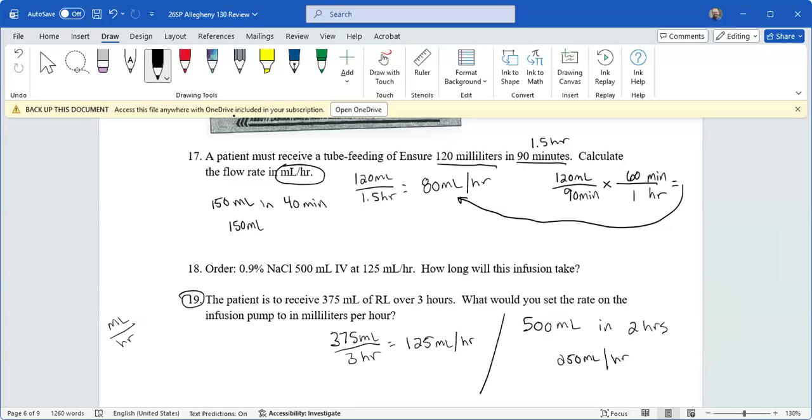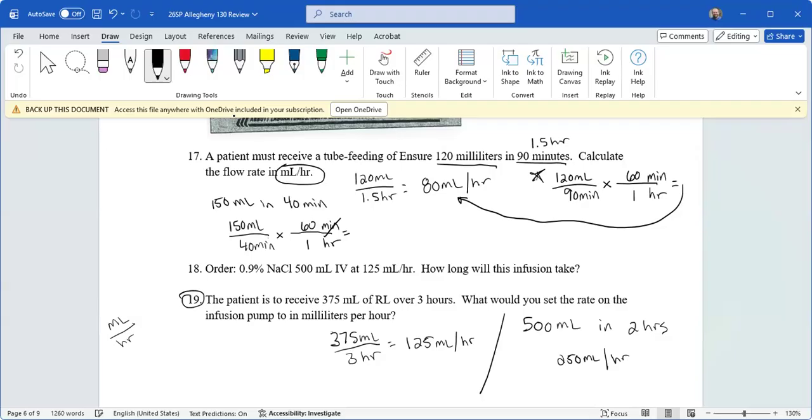So what we're going to do is the same thing I did over here, where I'm going to take my volume over my time, and then I'm just going to convert my time. I'm not going to do anything with the volume. Volume's good. I'm going to convert my time into hours. And again, 1 hour, 60 minutes.